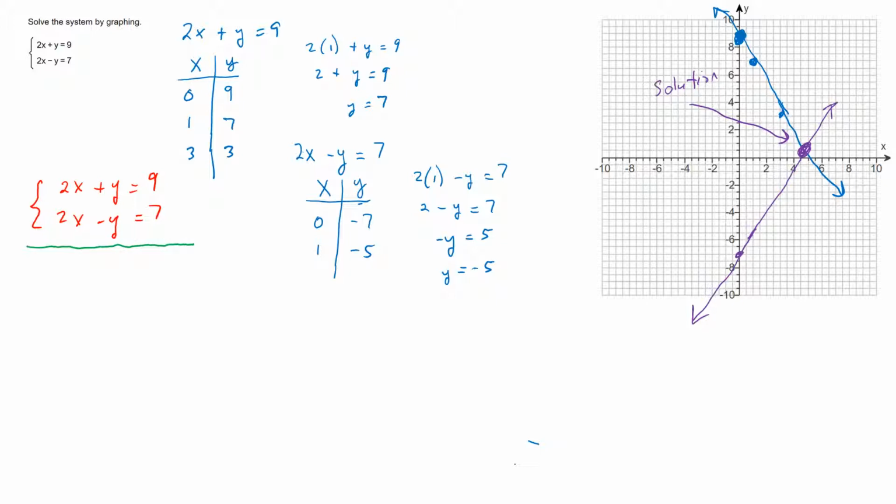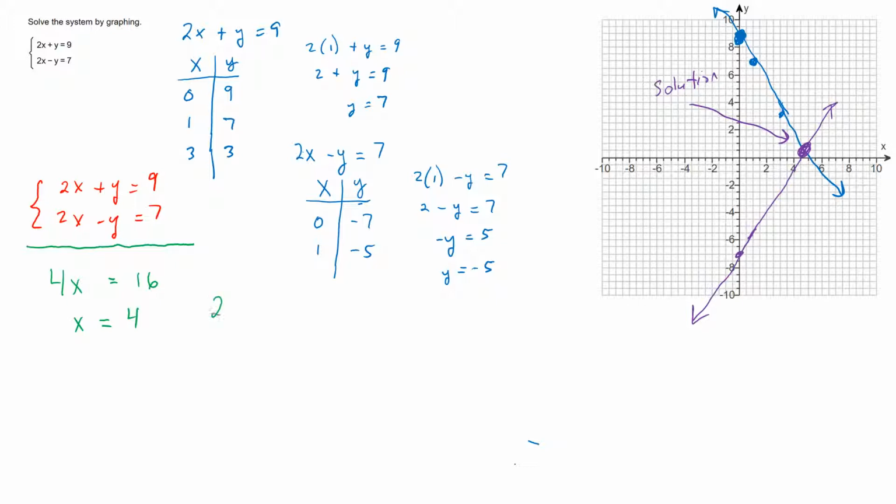Notice what happens if I add the equations. We get 4x, and if I add the y's, they cancel out, and 9 plus 7 is 16. Then I divide by 4, so x is 4. Now I would plug that into either one of the equations in order to obtain y. I'll use the top equation.